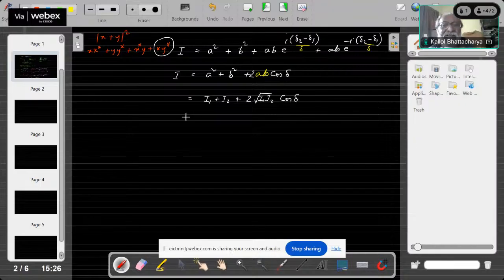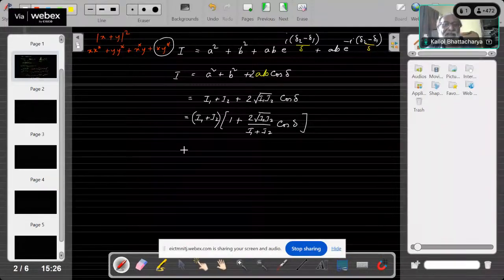This we can further simplify as I1 plus I2 into 1 plus 2 root of I1 I2 divided by I1 plus I2 cos delta.